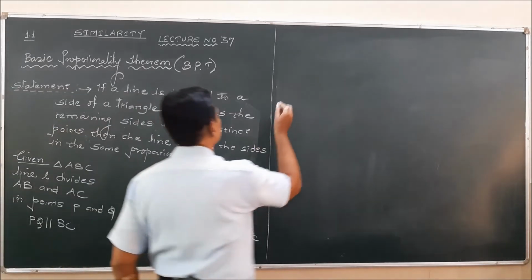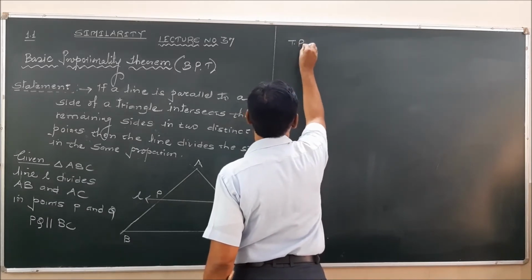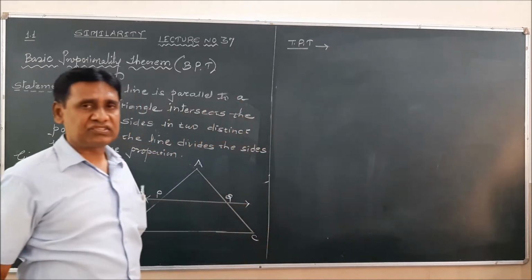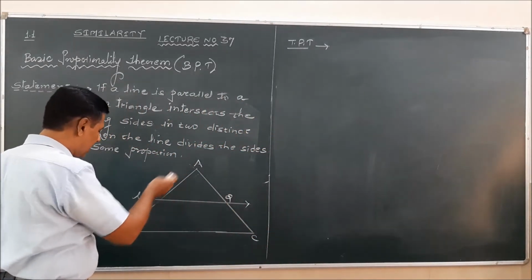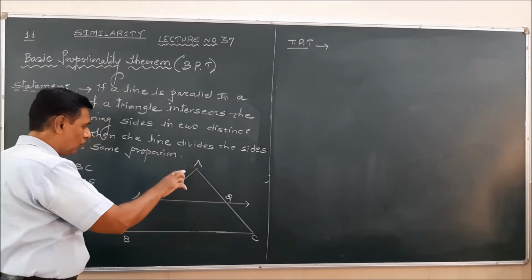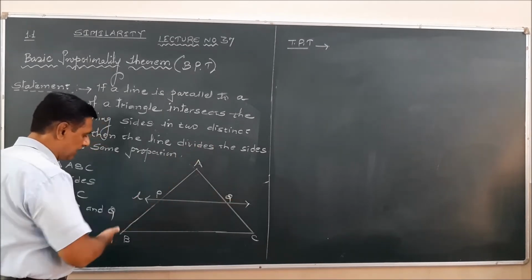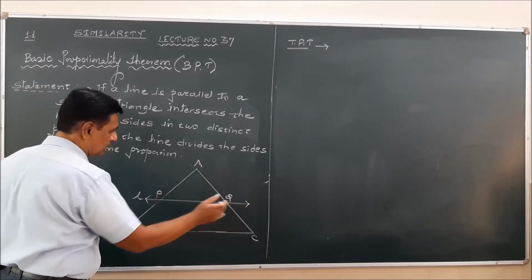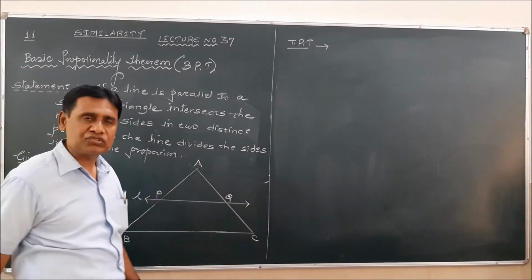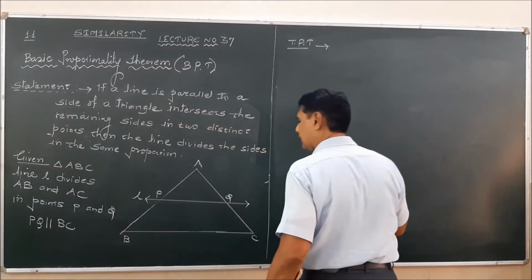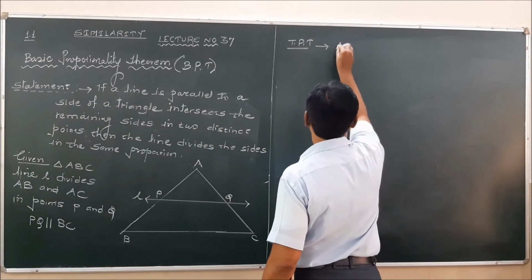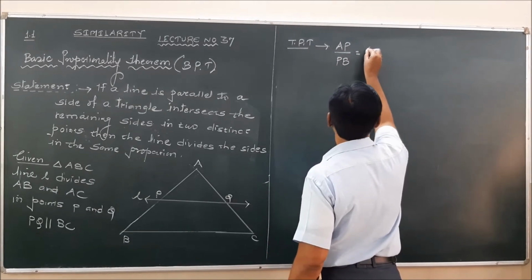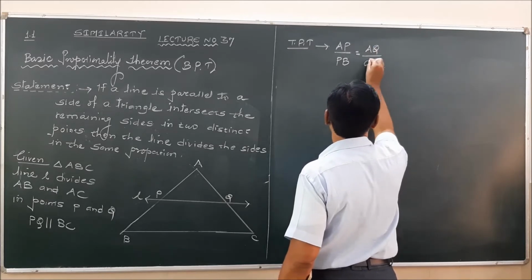Then to prove that, I'll write it as TPT, meaning to prove that this line L divides the two sides in equal ratio. Now this L has divided AB in the parts AP and PB. This line L has divided the other side AC in parts AQ and QC. So I'll write it as to prove that AP upon PB is equal to AQ upon QC.